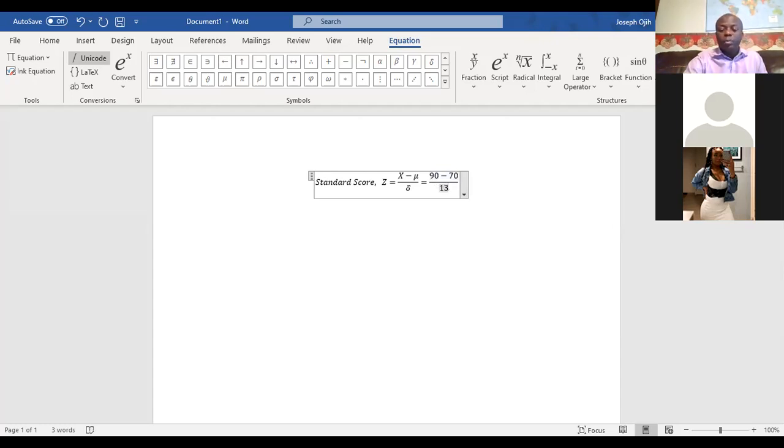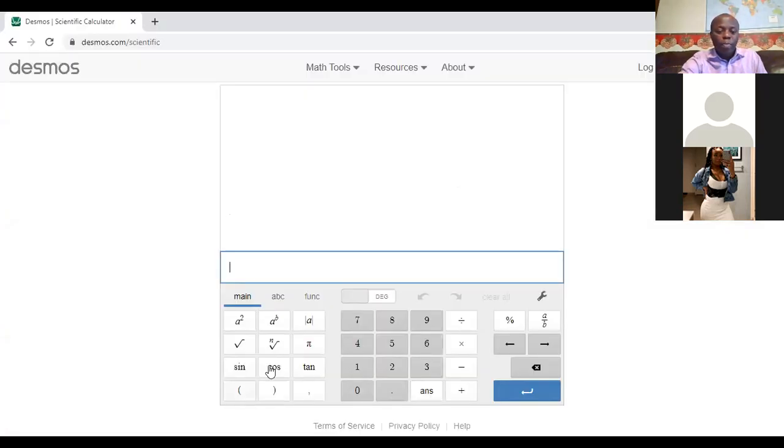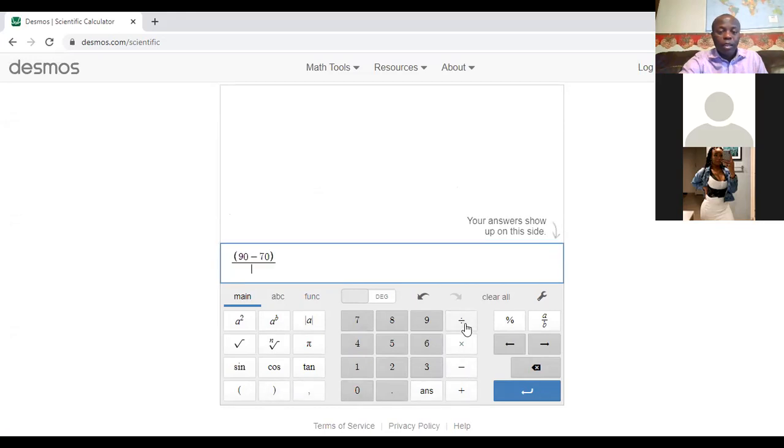Now we can get it from our Desmos calculator, so we can use it to find the z-score. So we have 90 minus 70, divided by the standard deviation of 13, which is 1.5384.